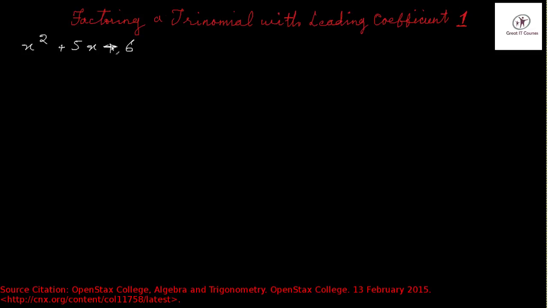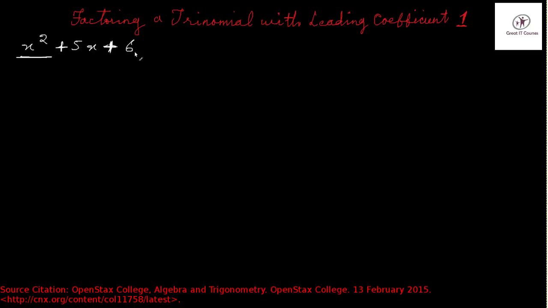As we discussed before, in this trinomial, this is the leading term because it has the greatest power of the variable in the whole trinomial. Now what is the coefficient of this leading term? It's basically 1 into x squared. The coefficient of this term is 5.